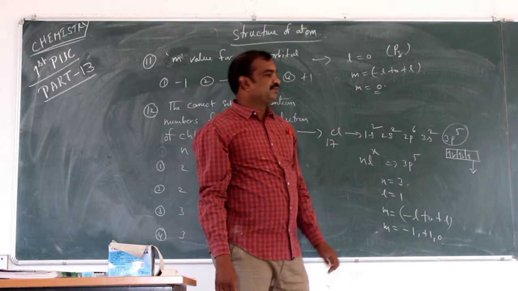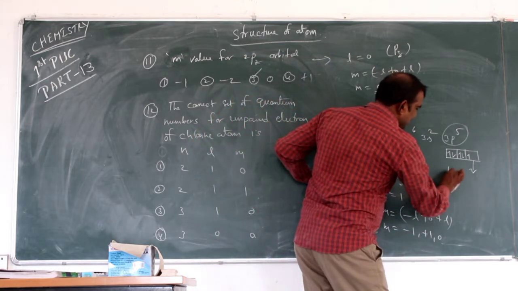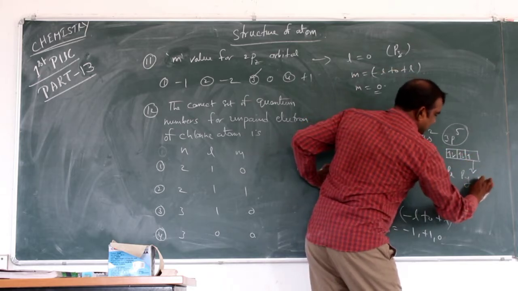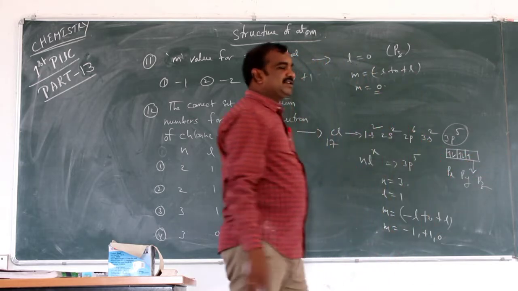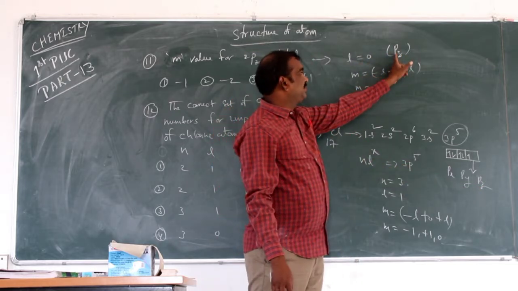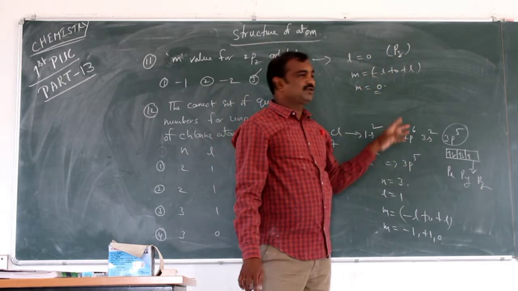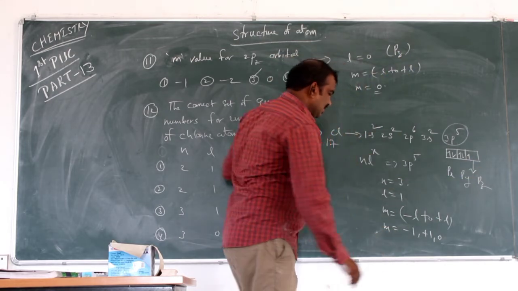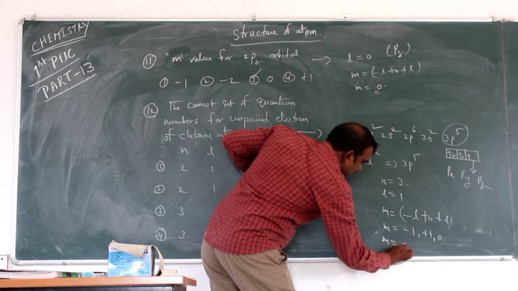In the sequence, it is px, py, and pz. For pz, the m value becomes 0. So what is the m value? m is equal to 0.